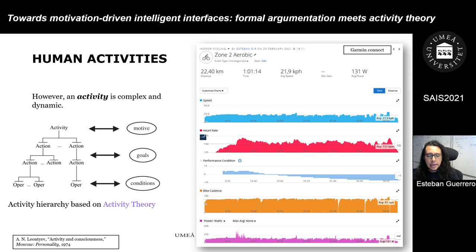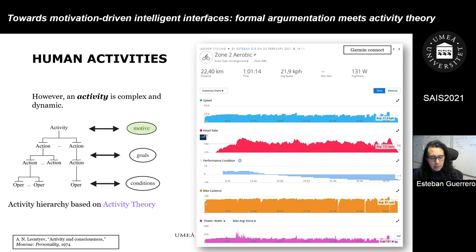Different actions are connected with goals, and artificial intelligence approaches have been developed to make predictions and analysis of actions and goals. However, one part that is disregarded is the analysis of the motives behind those activities.